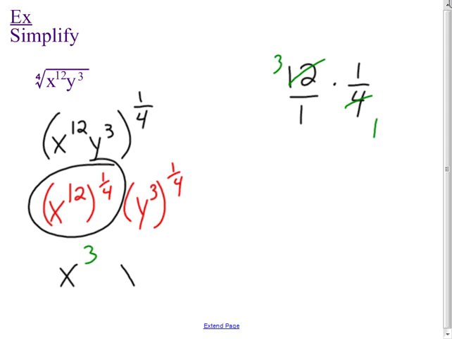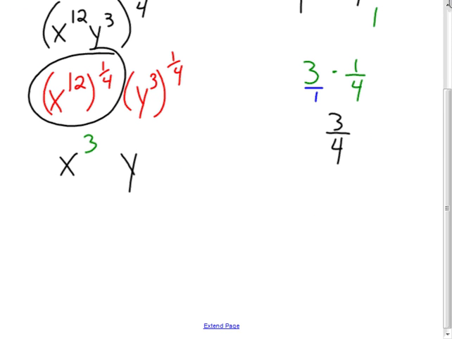Now the other part, my base is y, so now I have 3 times 1/4. When I look at this, nothing simplifies. Again, it's 3 over 1. Nothing simplifies in the top and bottom, so this result is 3/4, which means this will not simplify down at all. So realistically, my y has an exponent of 3/4.